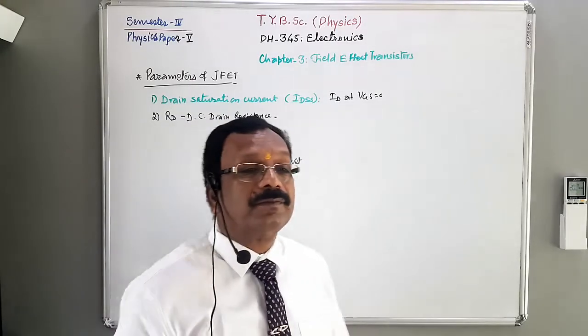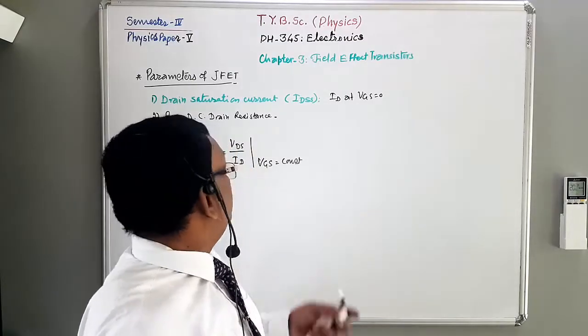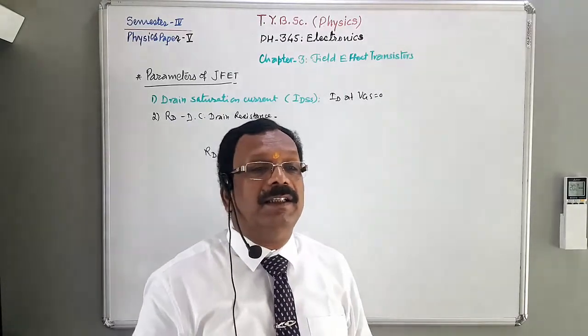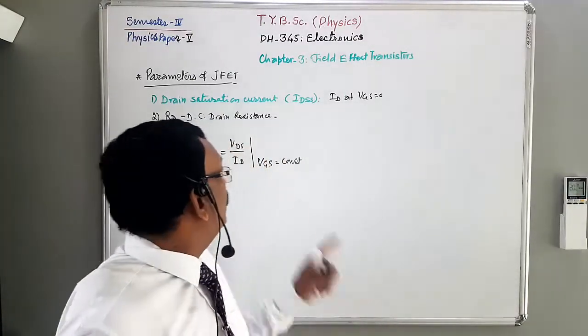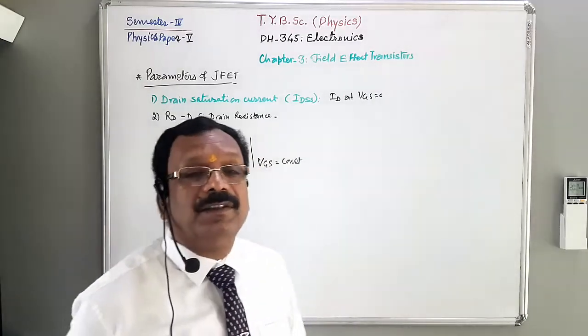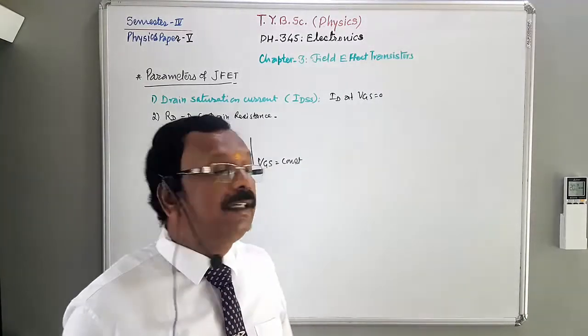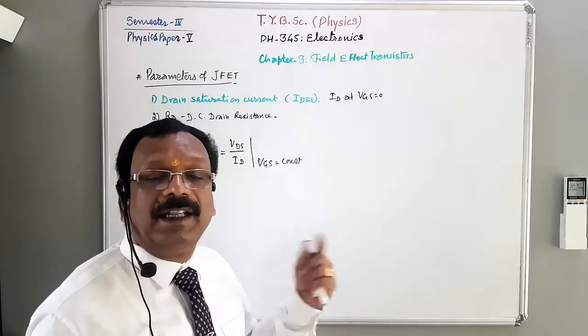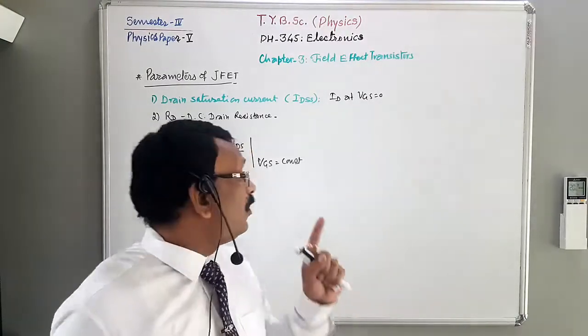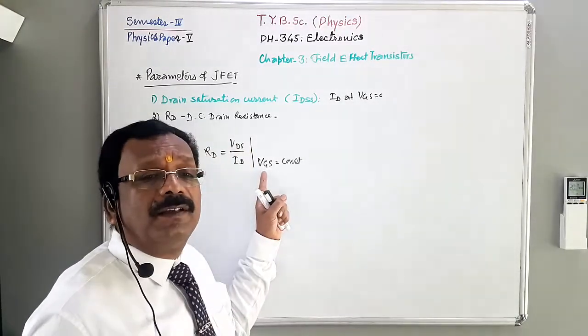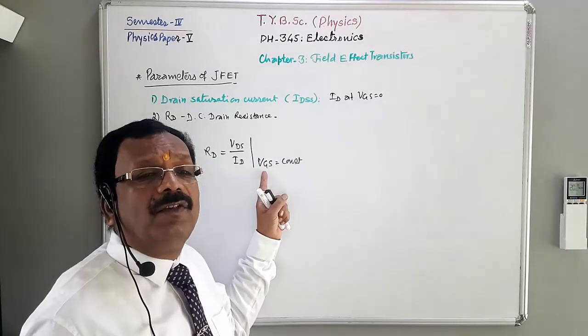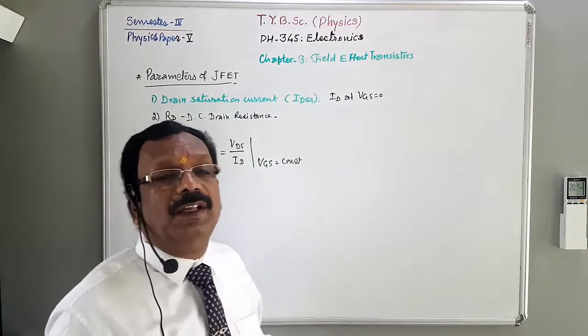What I say? The DC drain resistance, that is RD, is defined as the ratio of drain to source voltage, that is VDS, to the resulting drain current, that is ID, for a constant VGS, that is for a constant gate to source voltage.